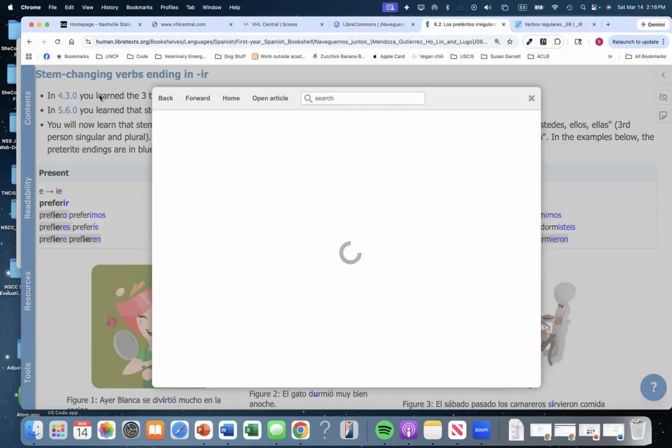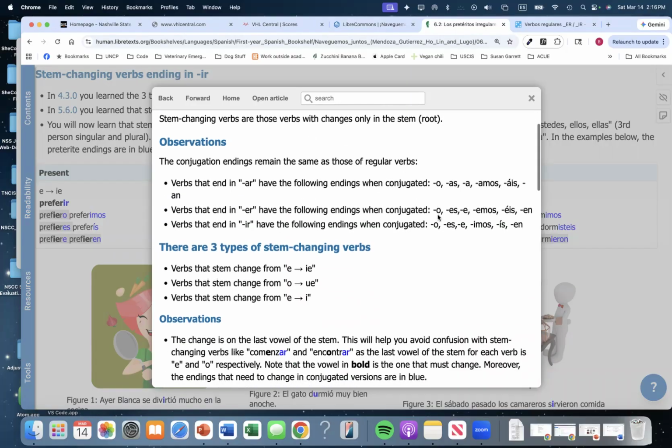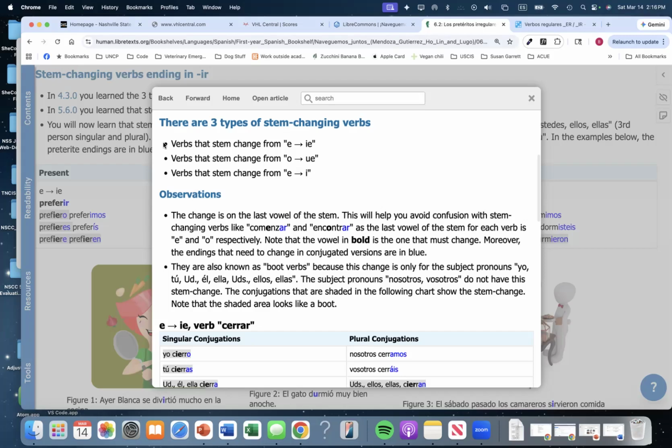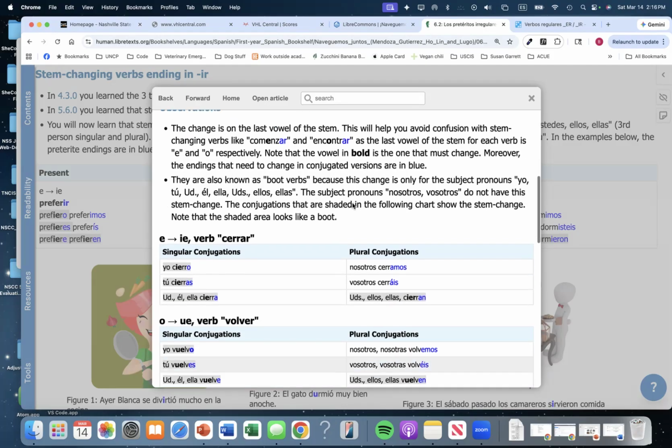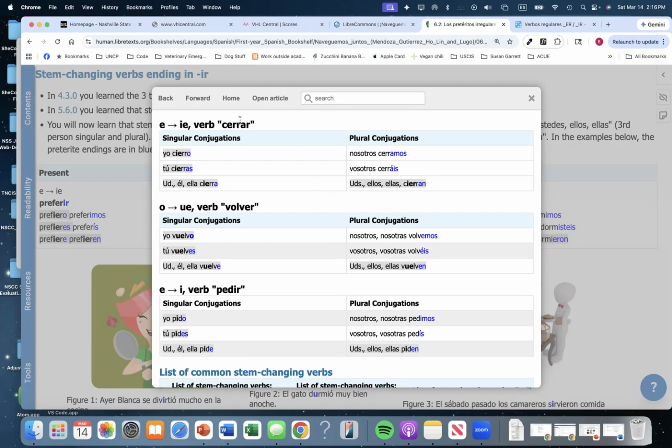So let's remember how these stem-changing verbs behave. Again, in the present, there are three types: verbs that stem change from E to IE, from O to UE, and from E to I. What does that mean? You conjugate these verbs as any other regular verb, but you take the stem.